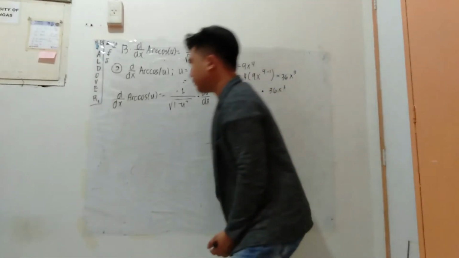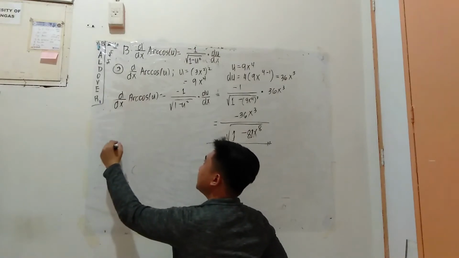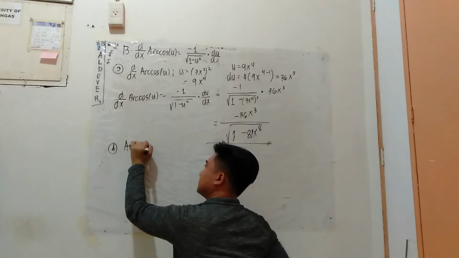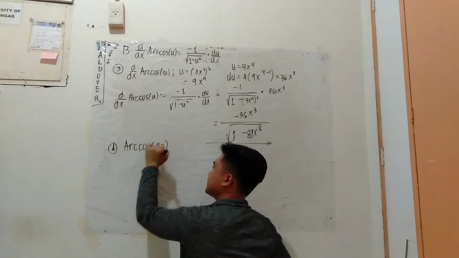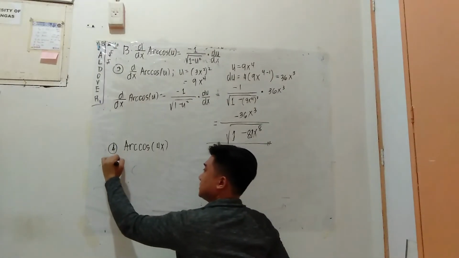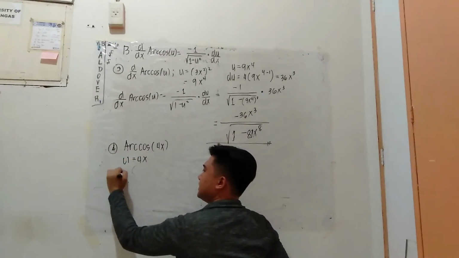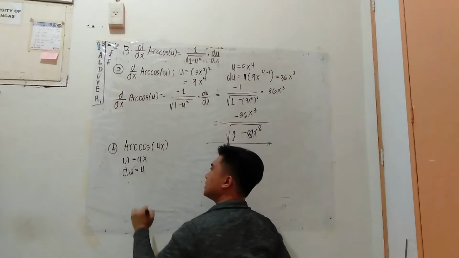So, another example. What if ang binigay sa atin ay arc cosine of 4x? Okay? So, paulit-ulit lang, u is equal to 4x. du, or derivative ng u with respect to x, is equal to 4.